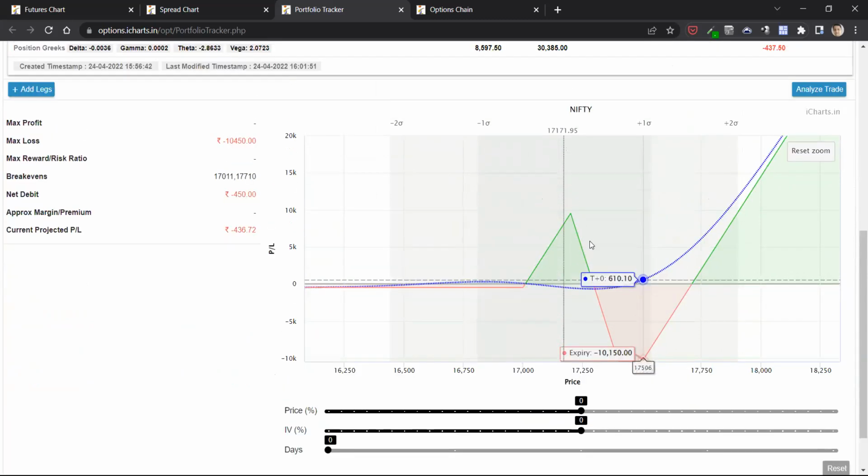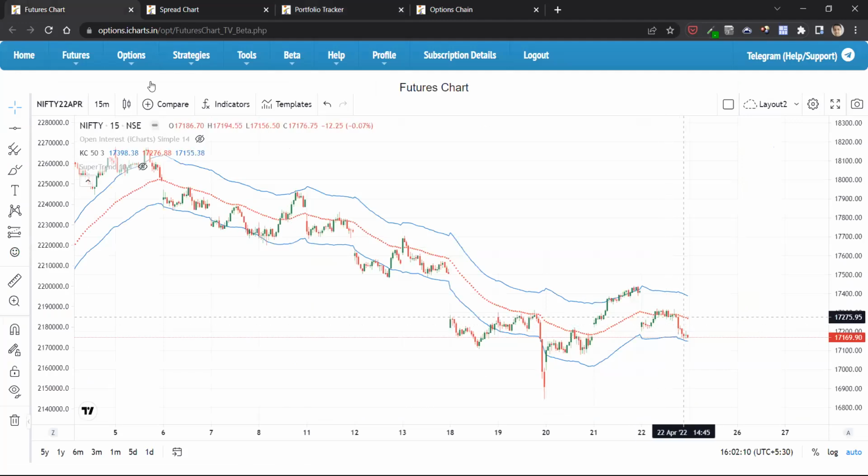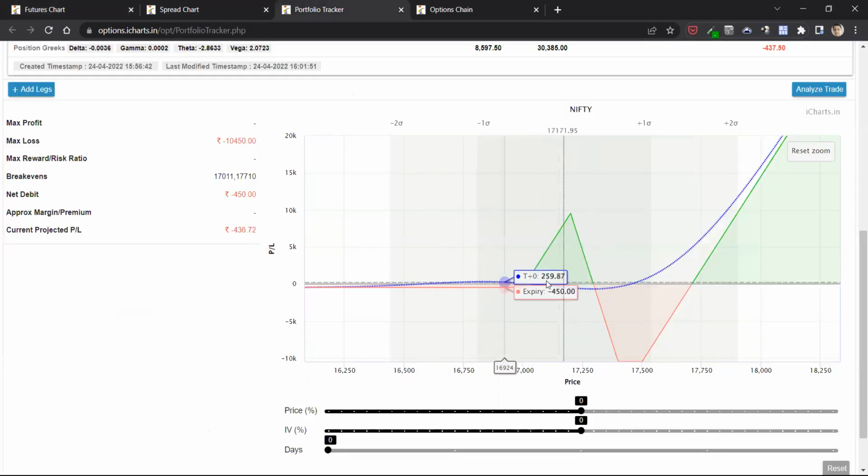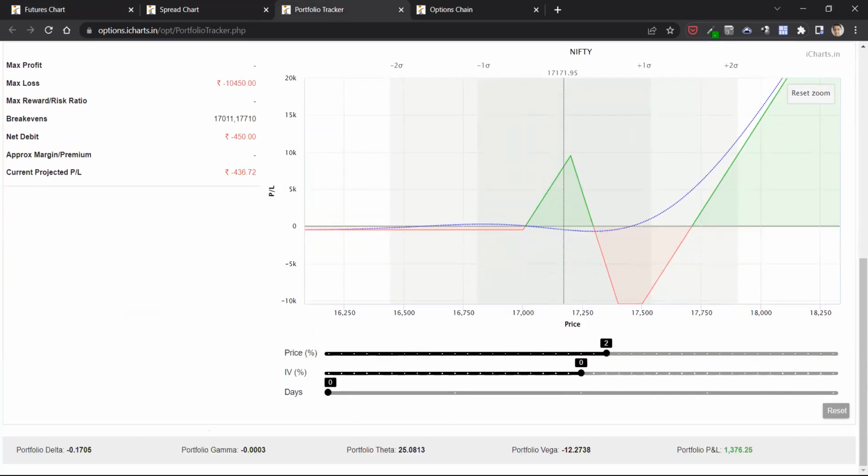He feels that he needs some more confirmation. He feels that, fine, I'm initiating a trade here and the market is going down, but I still want to remain neutral. So this is what he does. Now the line is flat. Even if the market gaps up, say 200, 300 points over here, maybe goes up by 1% or even 3%, he's fine.